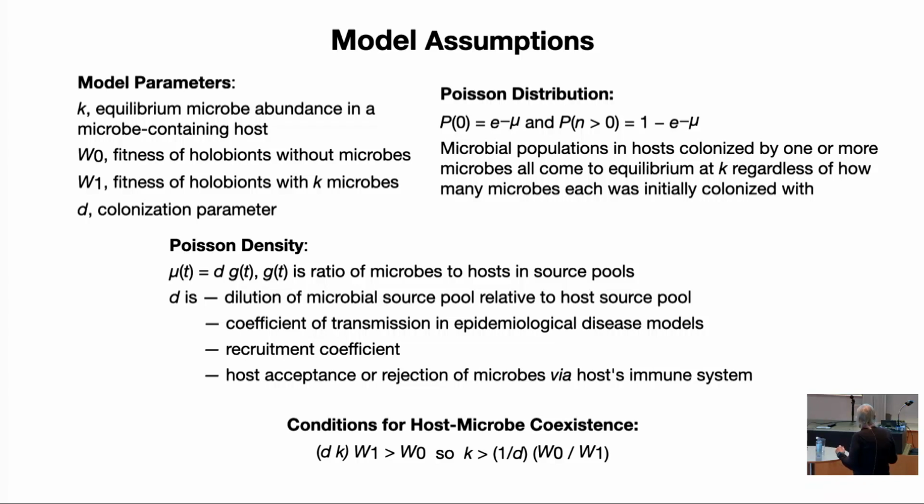So the condition is that the fitness of the holobiont with larva has to be greater than the fitness of the holobiont without larva. If that's true, then the algae coexist with the host, and that's the population dynamics of it. And if you rearrange that, it means that the carrying capacity of the algae in the host has to be greater than this whole stuff in order for them to coexist. Okay, the plot thickens.